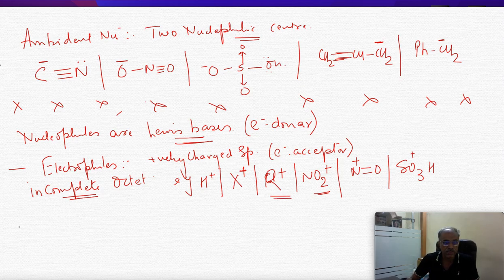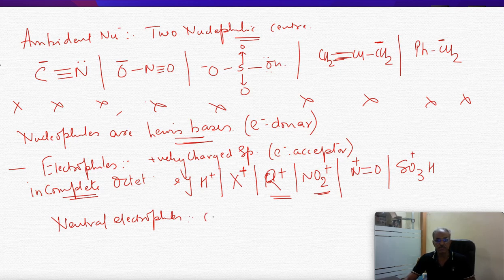Now we will see that there are also neutral electrophiles. Neutral electrophile means the central metal atom has an incomplete octet. Example, BeCl2. Then you can say borane, BH3.